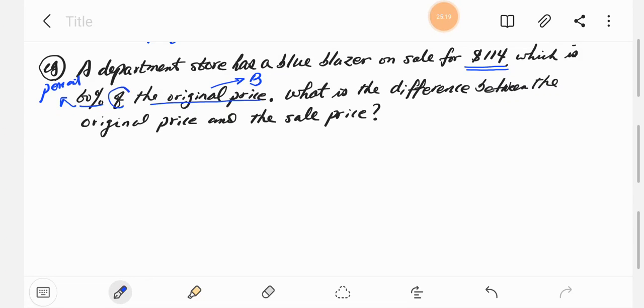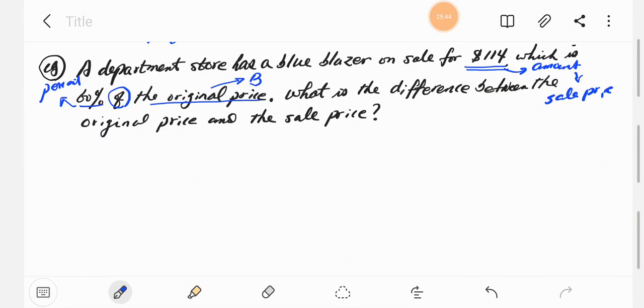So "of" means multiply. So PBA, and this is the amount, the same as the sale price. Okay, so what's the difference between the original price and the sale price? In order to get the difference, we need to find the original price, which is the base.